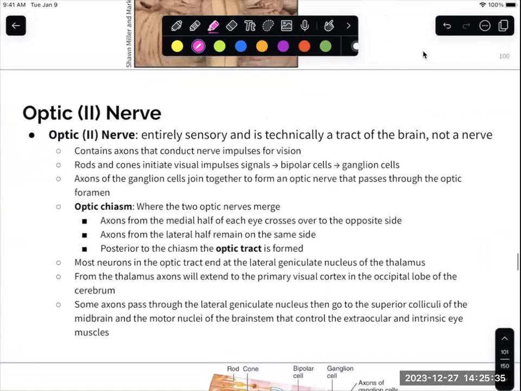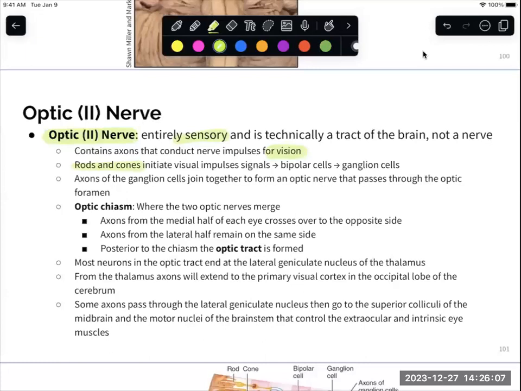Cranial nerve 2, the optic nerve. Again, entirely sensory. This optic nerve allows you to see. As we'll learn in chapter 17, we have rods and cones that stimulate visual impulses that allow you to be able to see different things.